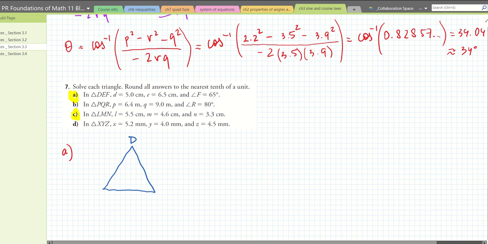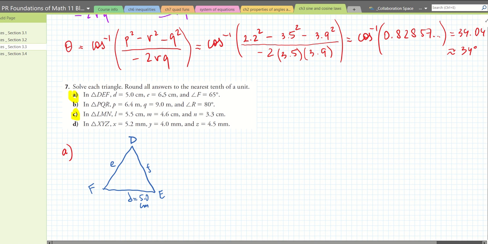Let's say I start at the top, I call this D, E, and F. Okay? Then I'm going to label the sides, which means this is going to be my lowercase e, lowercase d, lowercase f. Then you're going to label what you're given, what you know. So for example, d is given, so I'm going to write d equals 5 centimeters. What else I'm given?